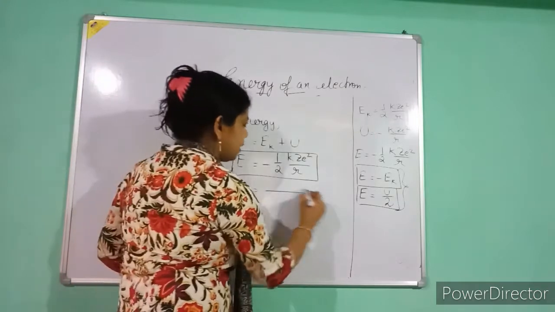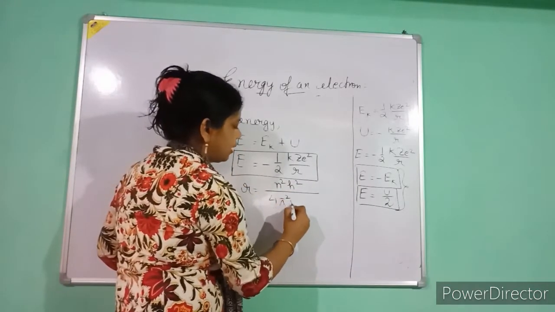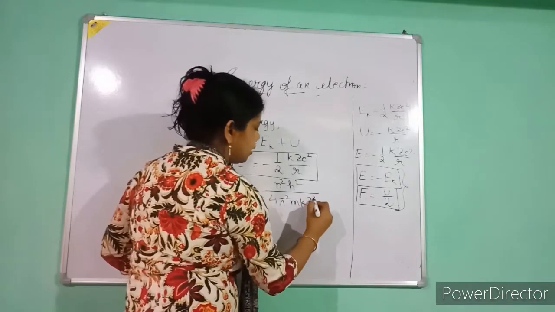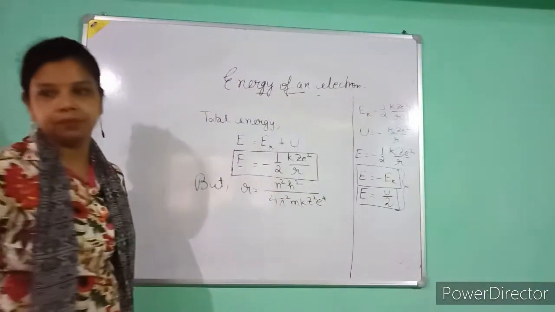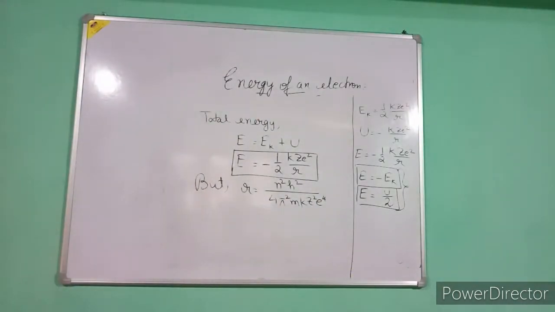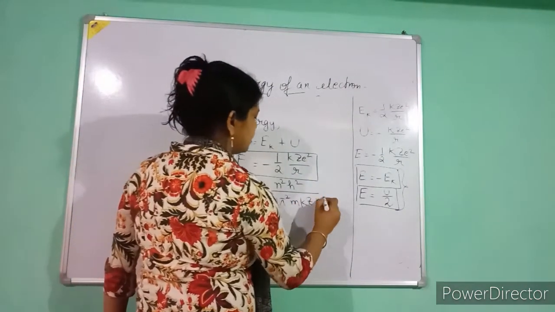Okay. So if we got this relation, but what is my R? R is n square h square divided by 4 pi square m k Z e square. Sorry, it is Z e square.